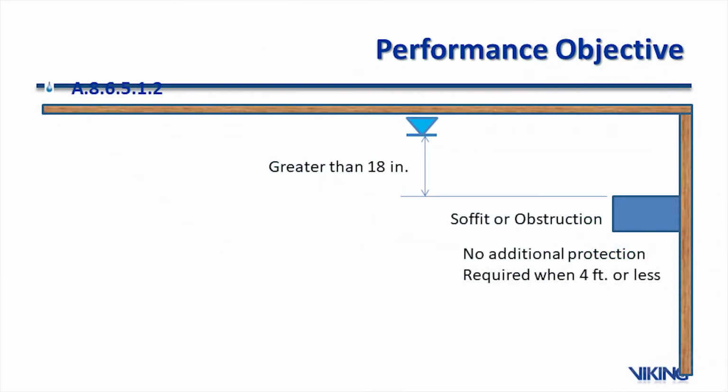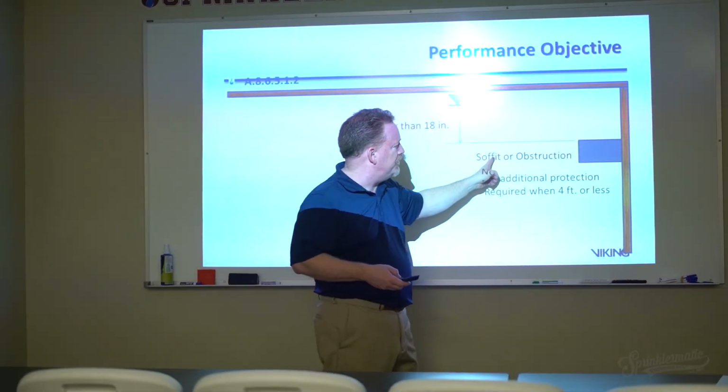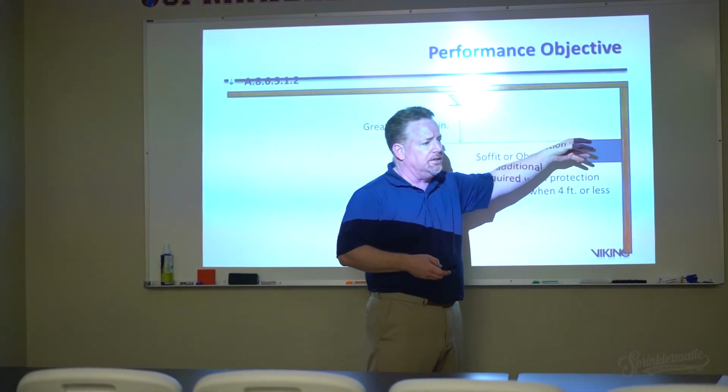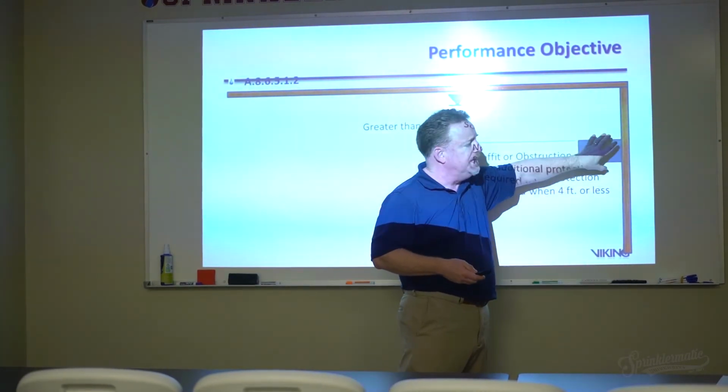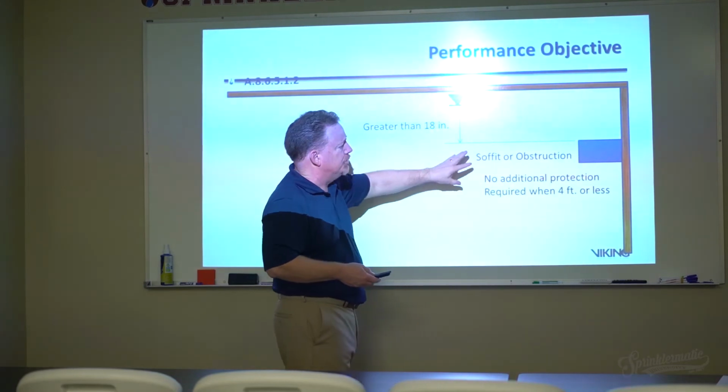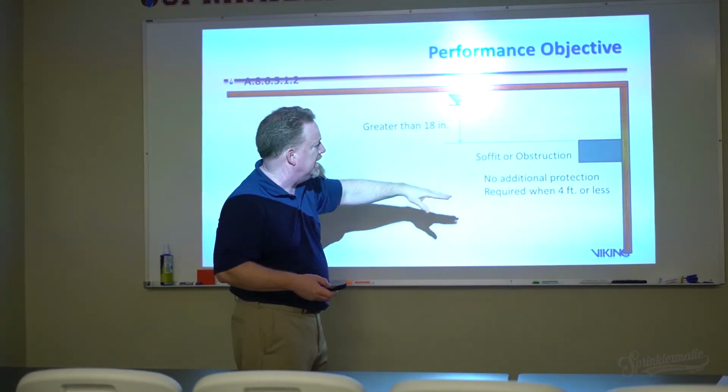So the next point in the performance objective is A.8.6.5.1.2. It's in the appendix, actually in the annex of the standard. It says you can have a soffit or an obstruction off the wall here, like a lighting unit that's down from the ceiling, that could also be a planter or something like that.